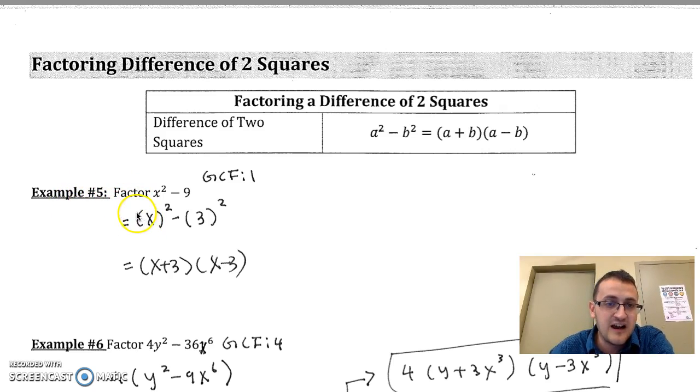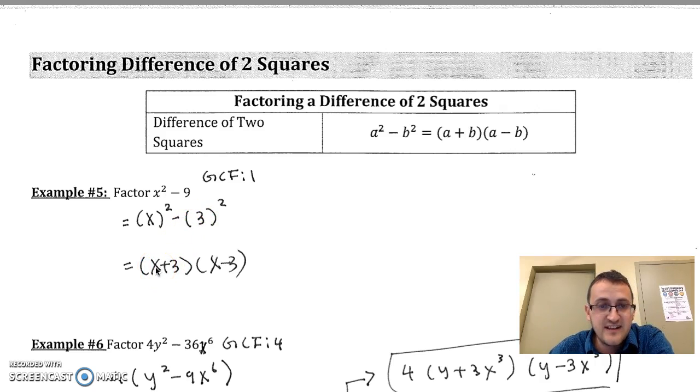Now in example 5, I have x squared minus 9. And 9 can be rewritten as 3 squared. So you want to know what your perfect squares are. I think that would be very helpful to remember. If not, you can go to your calculator and enter what the square root of 9 is. So the square root of x squared is just x, and then the square root of 9 is 3.